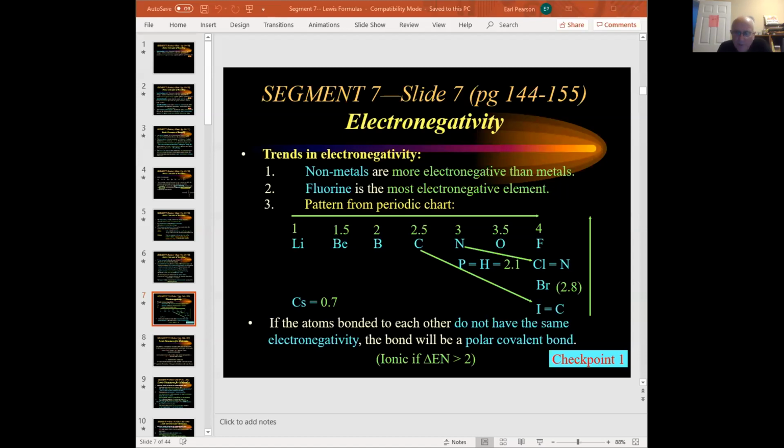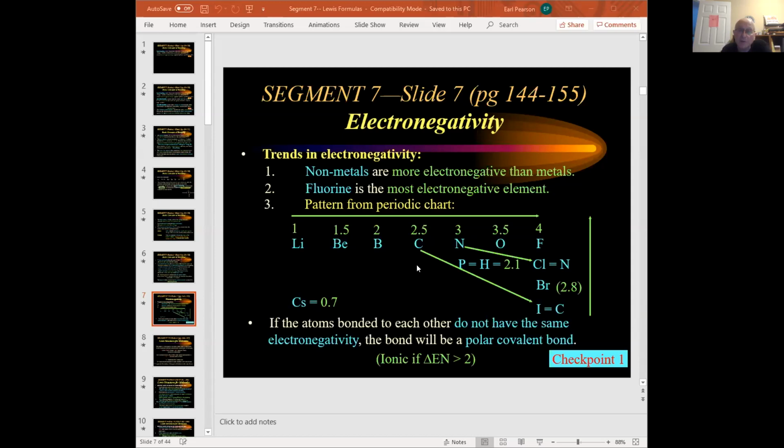So you might want to pay attention, because where we're going right now is going to be the starting place for Gen Chem 2. All of the material that we're working on right now becomes foundational to the beginning of the second course. So be sure you can reproduce this pattern for electronegativities.